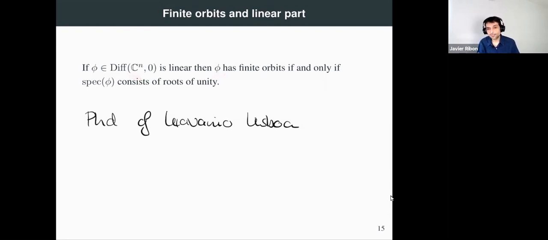That's very easy to show if the spectrum of phi consists of roots of unity. That does not imply that it has finite orbits in Cn, but it implies that it has finite orbits in a neighborhood of the origin.